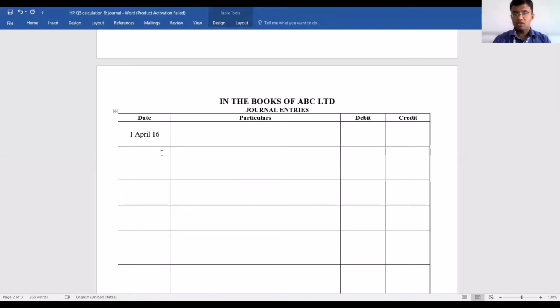When you're making the down payment, please remember a portion of the asset is coming into your business. So machine account debited, amount here is 10,000.